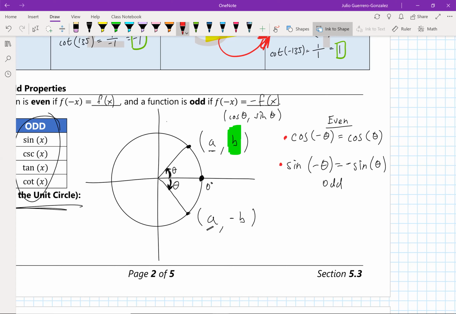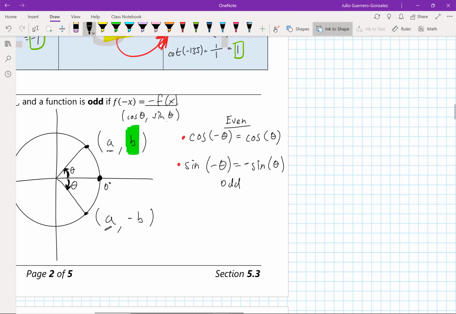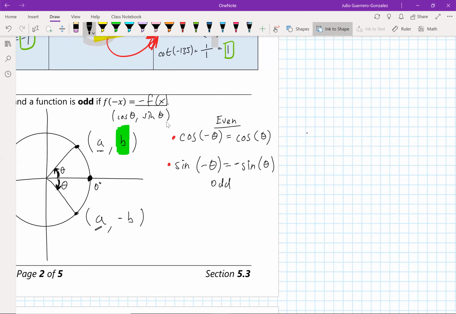So for example, secant of theta is 1 over cosine of theta. So secant of negative theta is equal to 1 over cosine of negative theta.